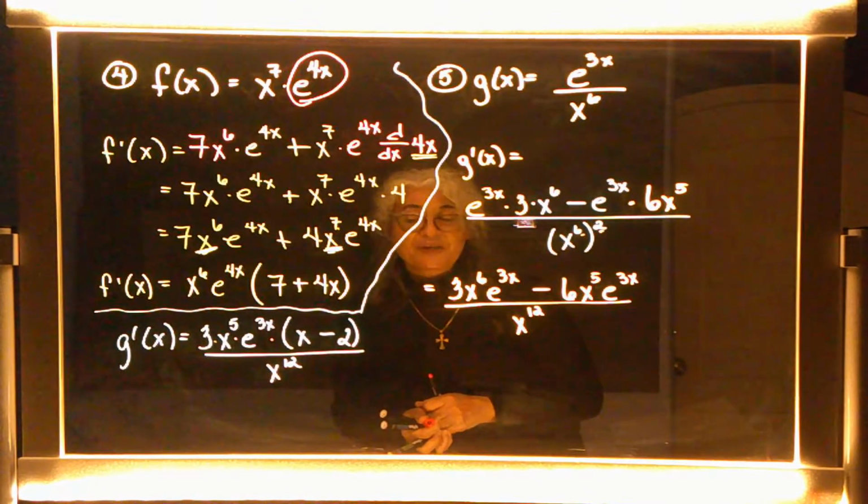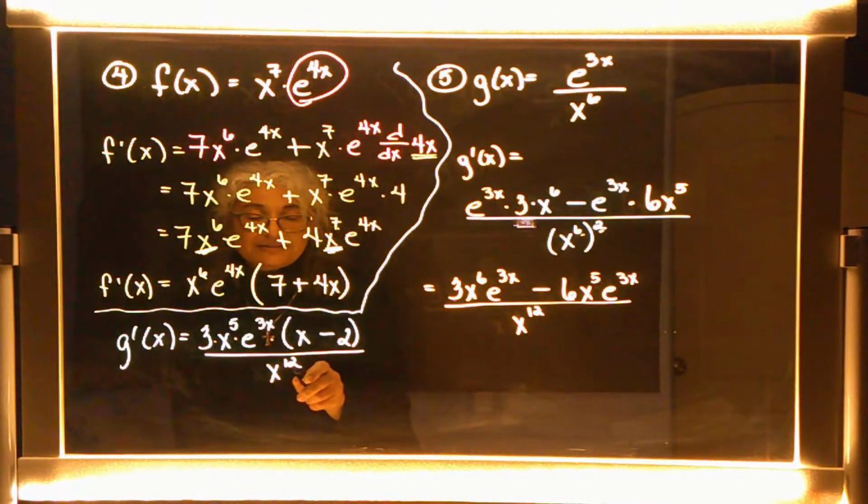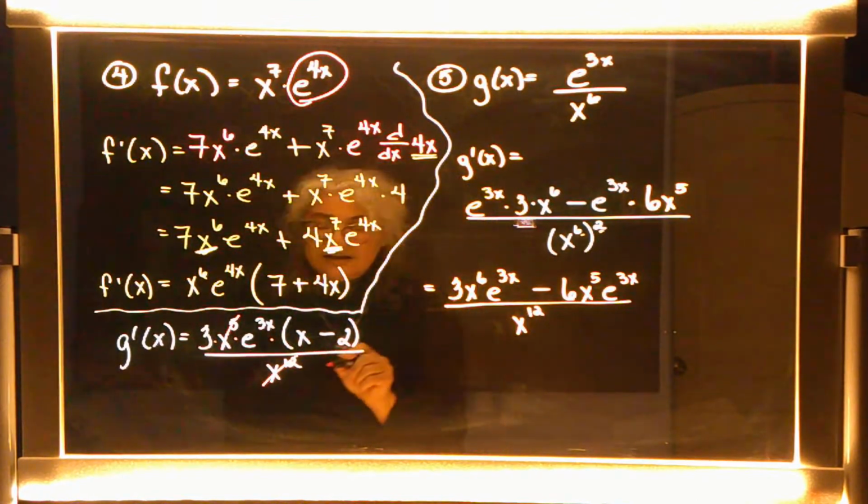Right? Good. I have 12 x's down here and 5 up here. So these guys will cancel, won't they? And how many x's are left? Good. 7 of them. Where? On the bottom.